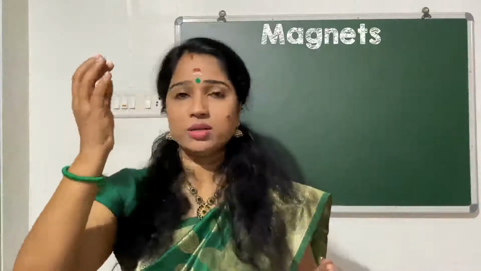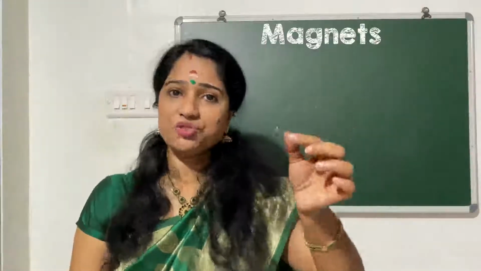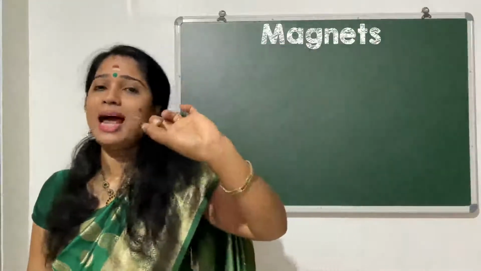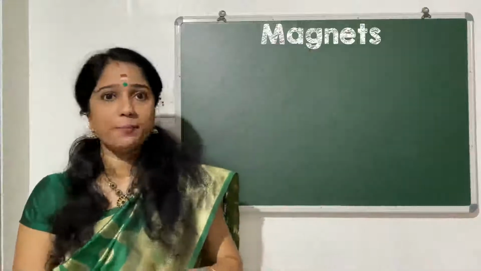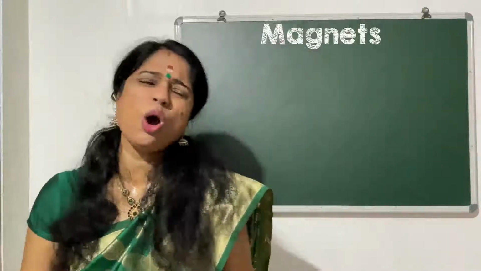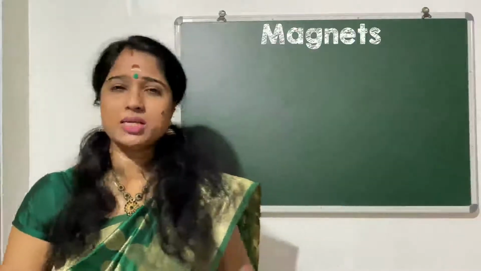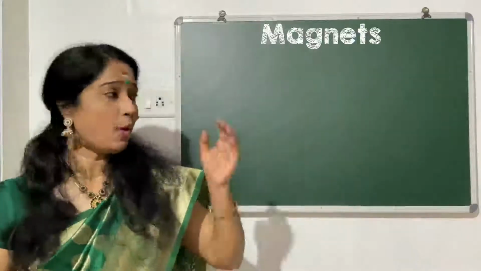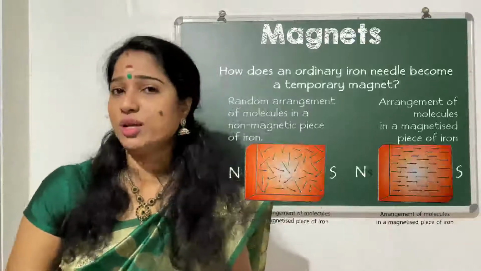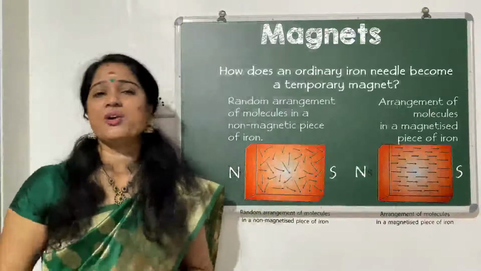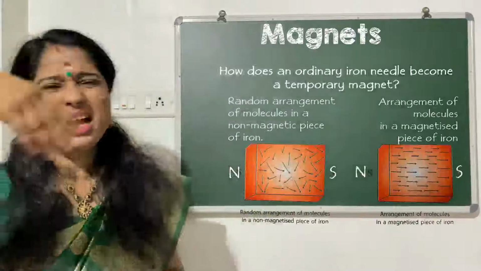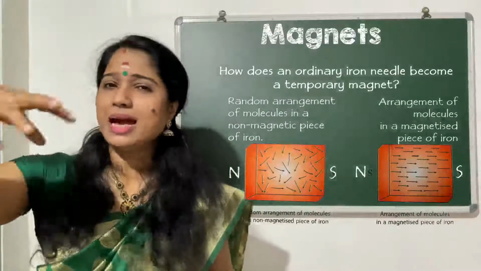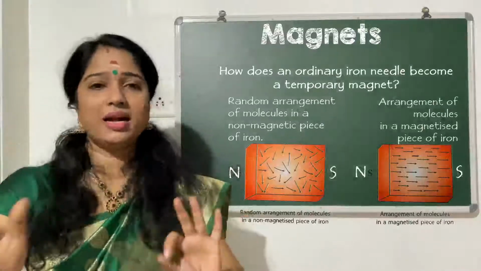In a normal iron object, you can look at the board. The molecules are not arranged in a proper manner. They are arranged randomly. The molecules are, just look at the board carefully, not arranged in a proper manner. Randomly arranged, in many different ways.